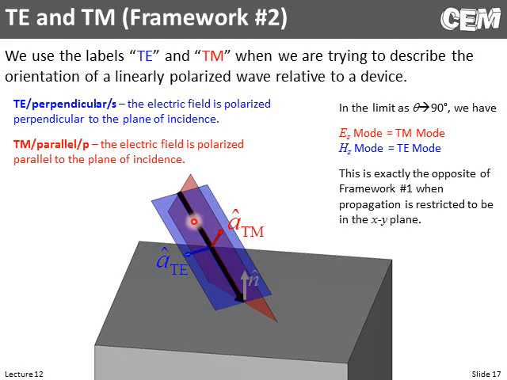As our wave vector comes in at 90 degrees and this plane lies down, now our wave vector is in this plane. Well, there's a component pointing straight up now, which ends up being the TM mode. So when the electric field is pointing straight up, in this school of thought, you would call that the TM mode. This electric field would be within the plane, and in this case, you'd call that TE mode.